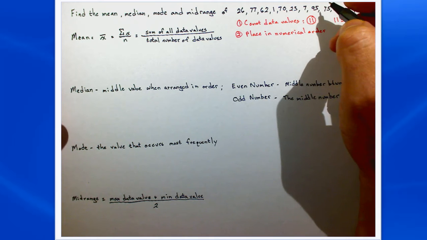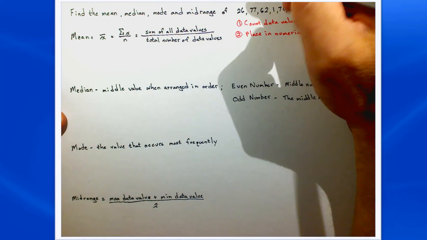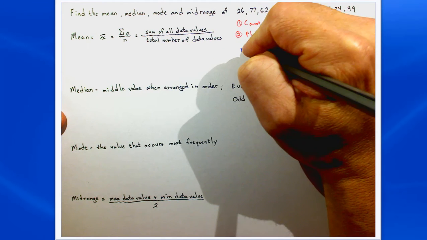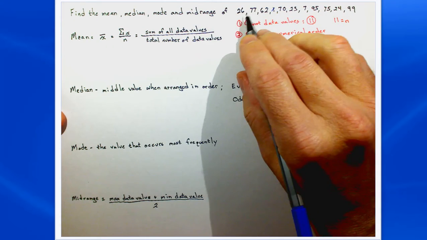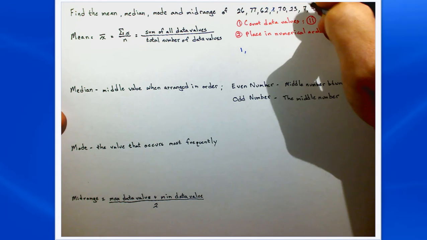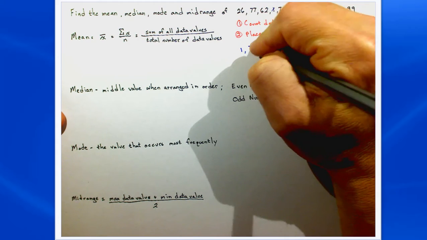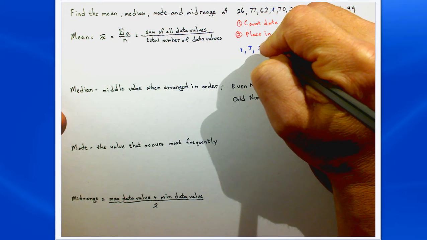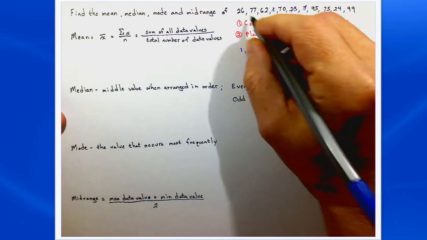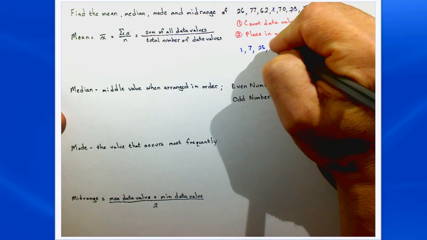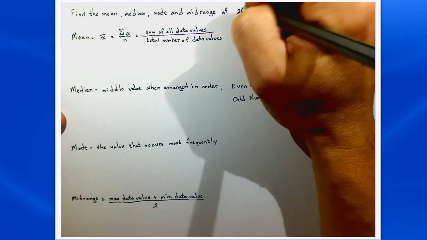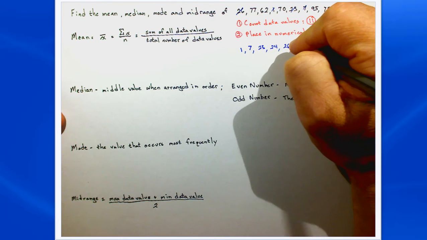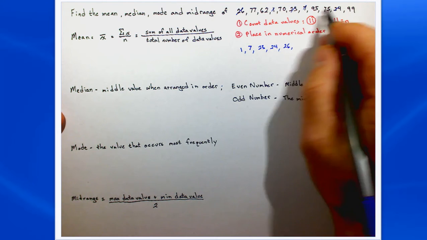So I go through, I have them written down, and then what I do is I mark off and I go numerically. So 1, 7, 23, 24, 26. Let's see, I got 62.